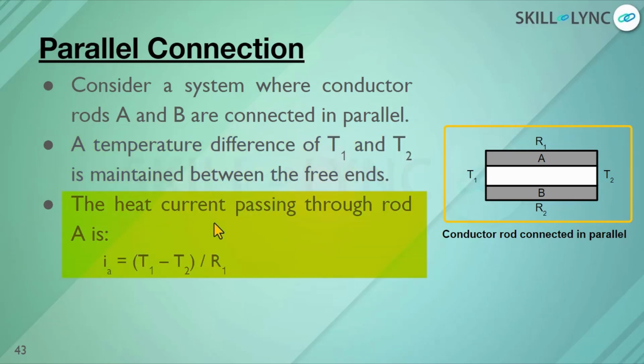Therefore, the heat current passing through the rod A is given as IA is equal to (T1 minus T2) upon R1, where IA is the heat current passing through the rod A, T1 and T2 are the temperatures of the ends of rod A, and R1 is the thermal resistance of rod A. So the heat current of rod A is given by (T1 minus T2) divided by R1.